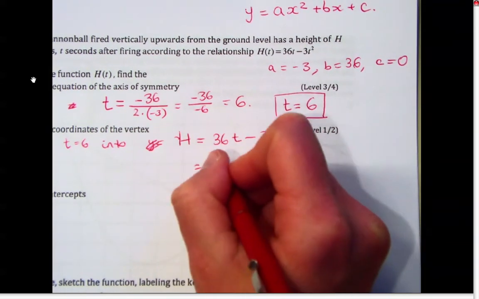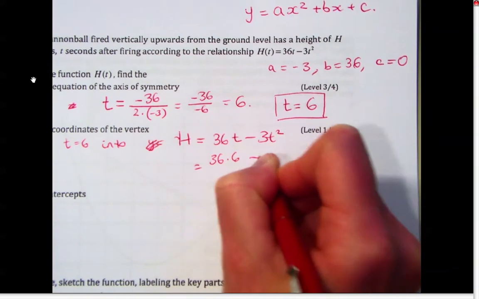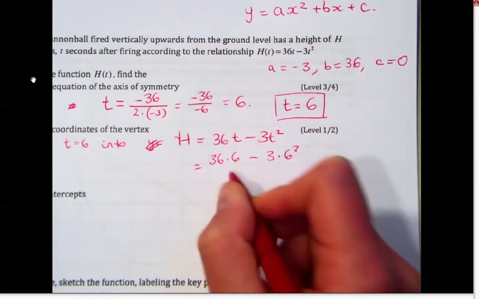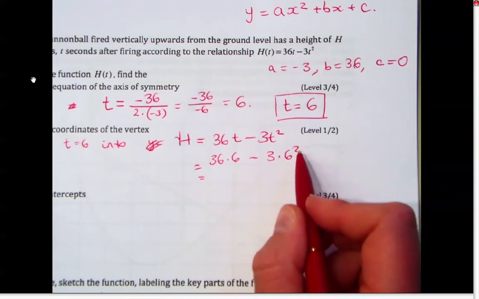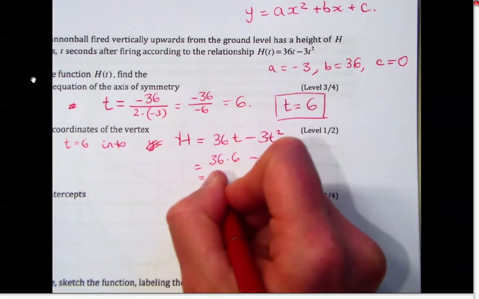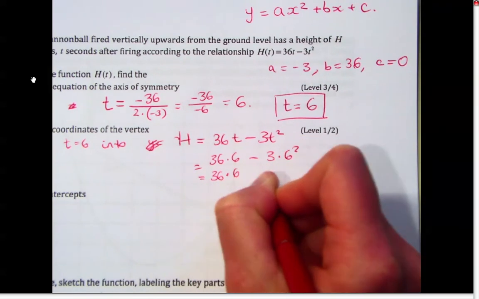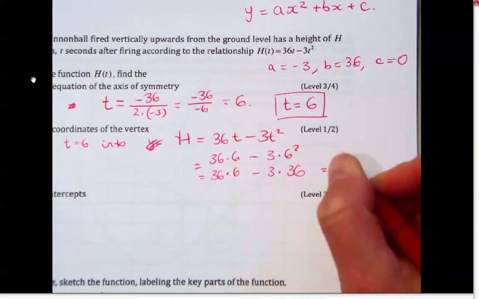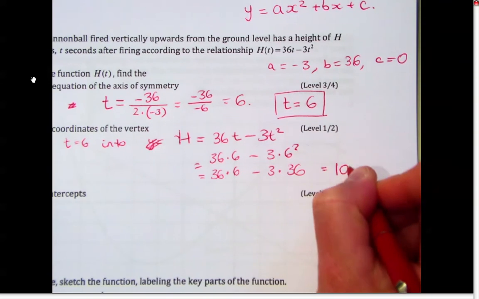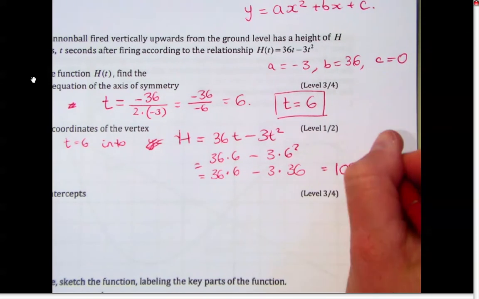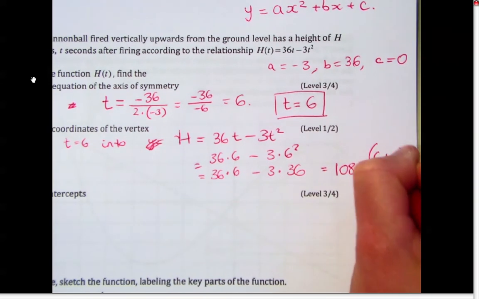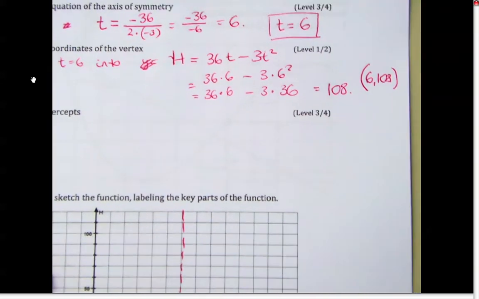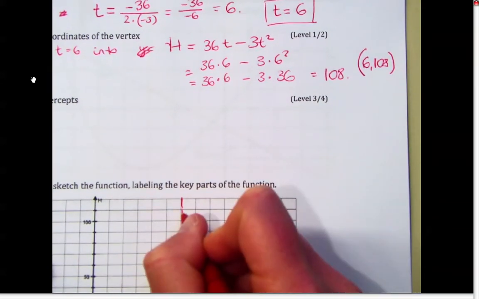So 36 times 6 minus 3 times 6 squared. Careful with order of operations. That means you've got to square first. So 36 times 6 minus 3 times 36. I'm not going to do it now, but if you do the maths for that, you get 108. So the coordinates for the vertex are 6, 108. I'm going to go down and plot that right away. And it's there.